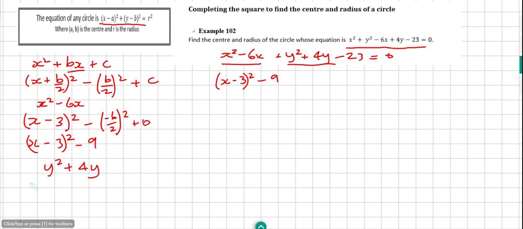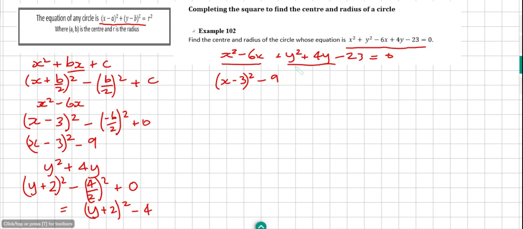So we say we've got (y + half of the coefficient of the y, which is 2)², then we take away the (4/2)² and add on the c, which in this case again is 0. So that will give me (y + 2)², and then 4/2 is 2, squared gives us 4, which we're taking away, so it's −4.